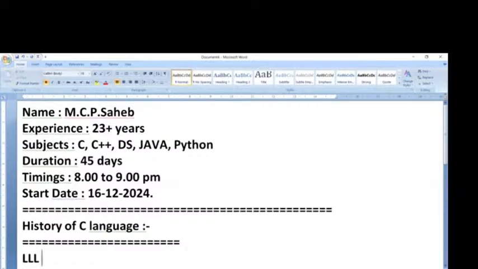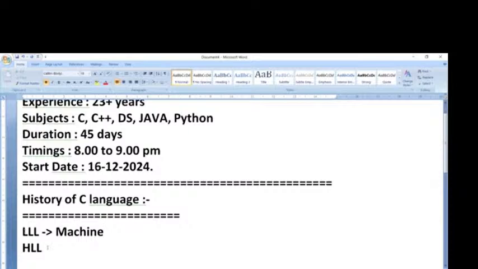Low level languages means the languages that can be directly understood by hardware. Means machine understandable languages are called low level languages.